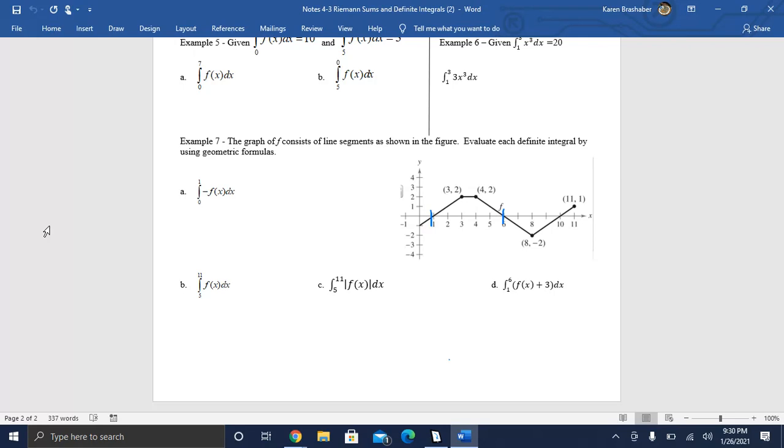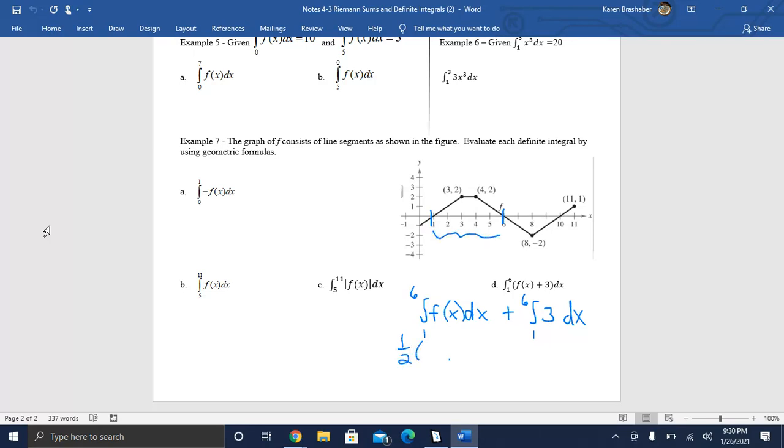Now, I'm going to separate this. We're going to integrate from 1 to 6, f of x dx. That will be our trapezoid. But then I'm going to have to integrate from 1 to 6 of 3 dx. And we'll have to talk about that shape. So for my trapezoid, its area is given by 1/2 times the sum of my bases.